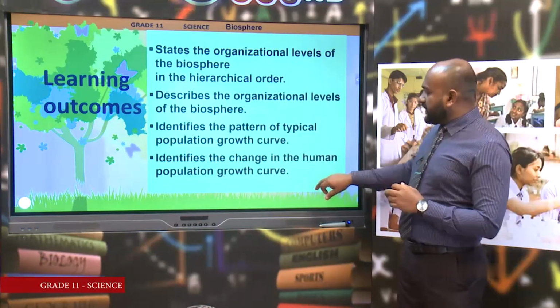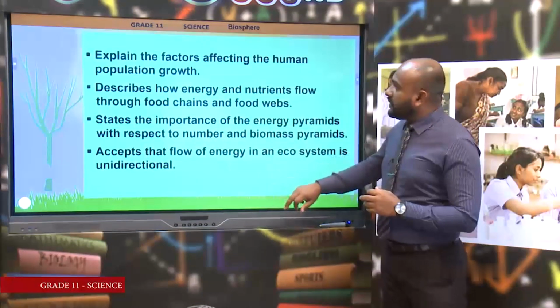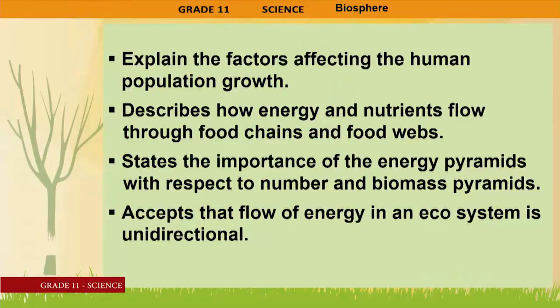Go to the next learning outcome now. Explain the factors affecting the human population growth. As I told you earlier, we are going to identify the typical growth curve and the human population growth curve, and we see differences. So, we need to explain the factors affecting the human population growth.